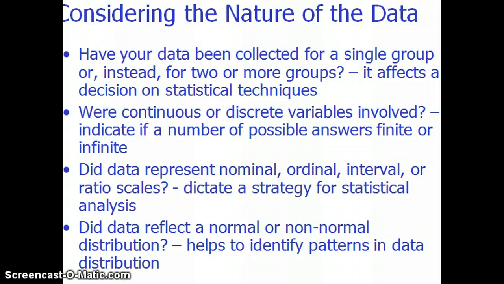For instance, when we are dealing with nominal data, the only procedure that we can use to summarize this kind of information would be to use one of the measures such as the mode. So that would be the only procedure we use to analyze this, or the percentage of the different groups of the nominal scale.